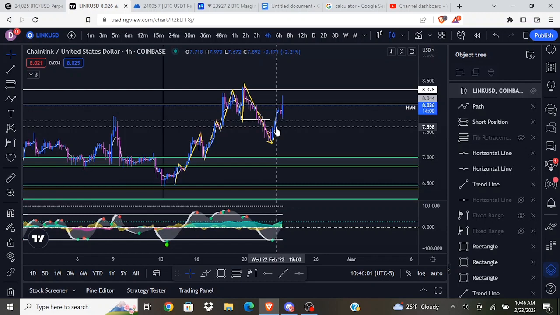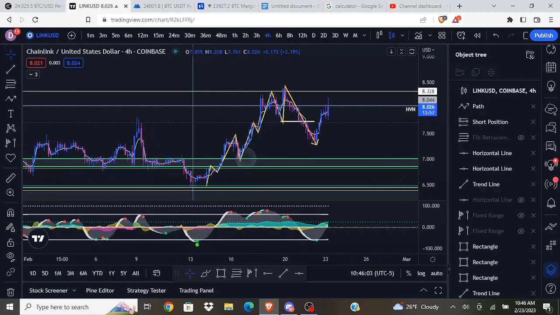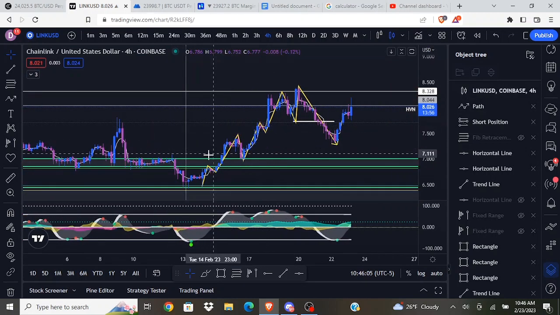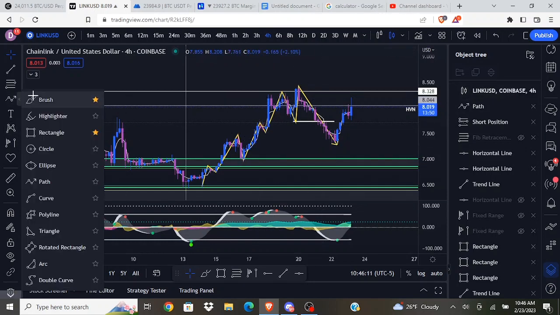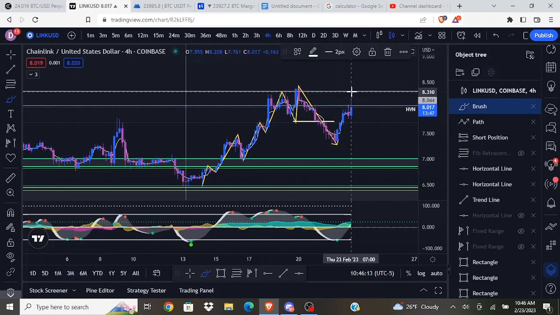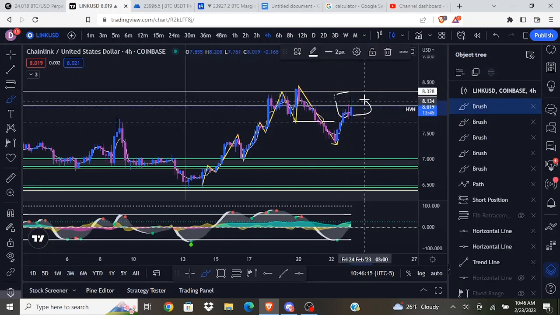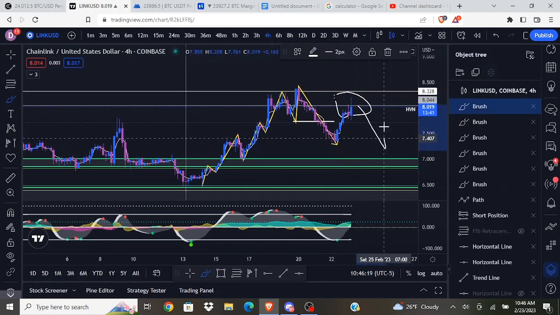So, it would seem like Chainlink has broken this bullish structure that it was in for this whole move to the upside. And now, potentially, we may be looking at a lower high right here and the beginning of potentially a larger downtrend where we may continue making lower highs and lower lows.